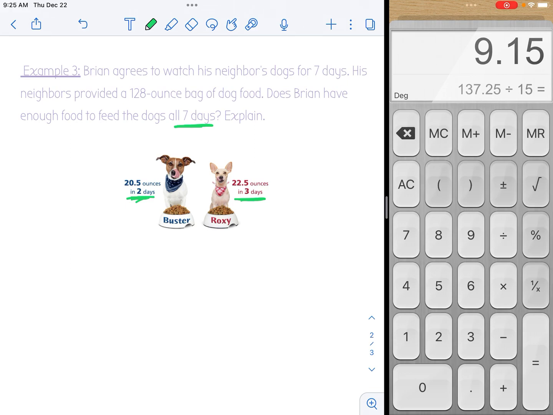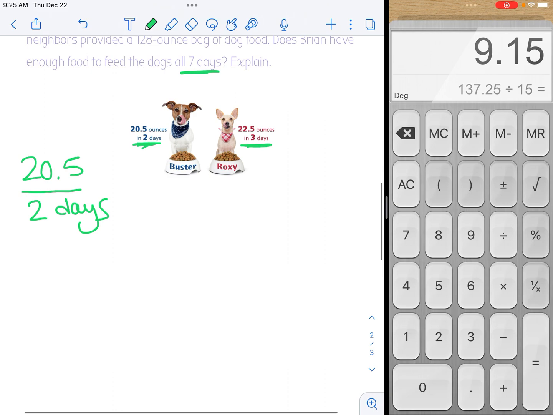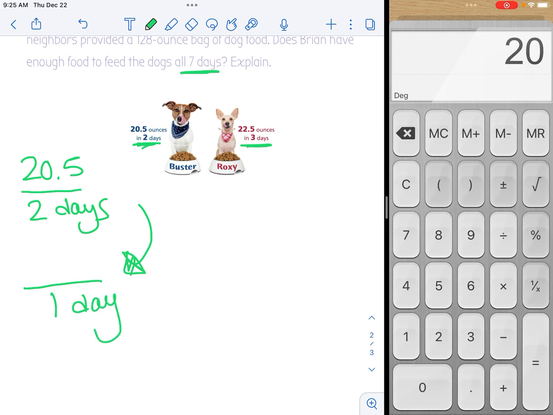So I first want to figure out how much each of these dogs eats every single day. So I'm going to need to find my unit rate of days here. So I'm going to put days on the bottom. For Buster, he eats 20.5 ounces in 2 days, and I want to figure out, okay, how much does he eat in 1 day? So 20.5 divided by 2 is 10.25.